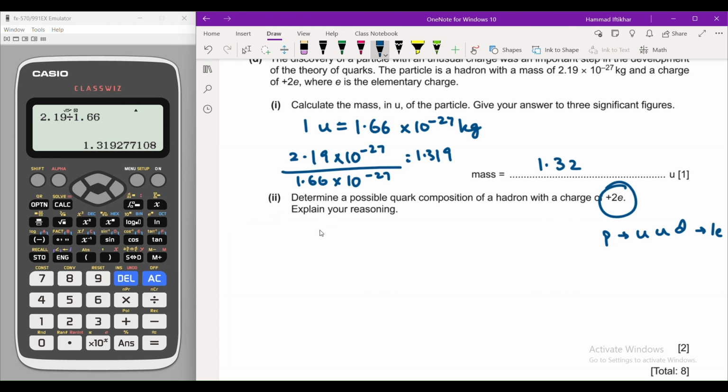So if you want a plus 2e, we could try u, u, u, where the charge would be plus 2 over 3e plus 2 over 3e plus 2 over 3e, which combines to get 6 over 3e, which is just plus 2e.